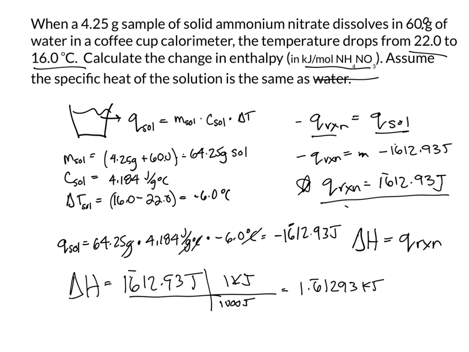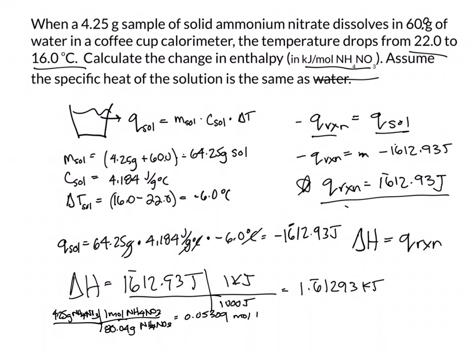And now we want this per mole of ammonium nitrate. So 4.25 grams of our ammonium nitrate is going to be converted into moles of ammonium nitrate, as follows, which equals 0.05309 moles of ammonium nitrate.